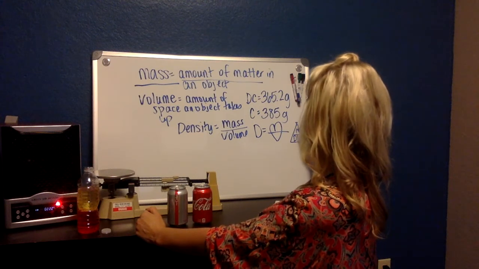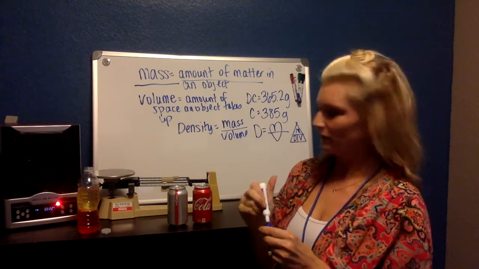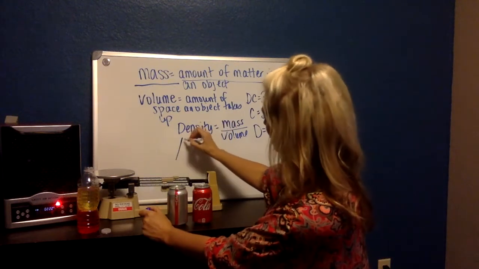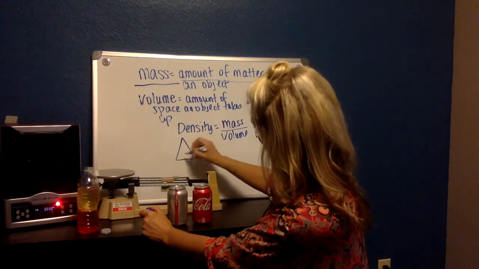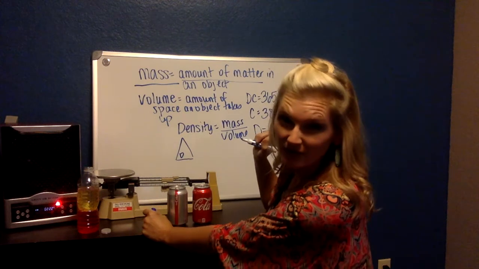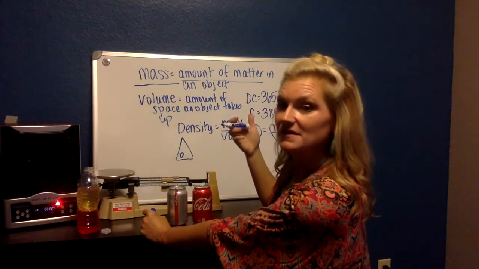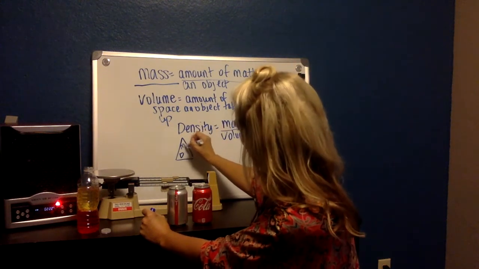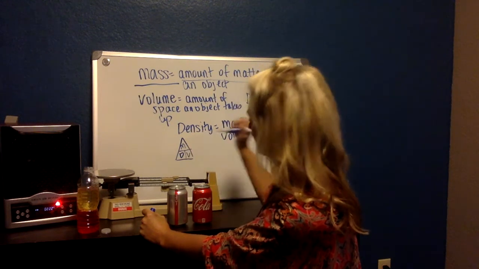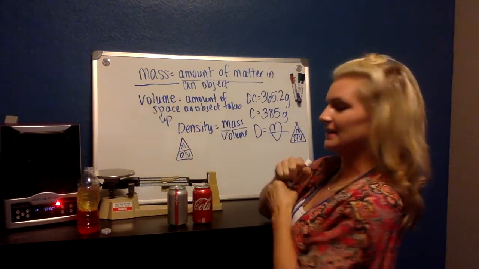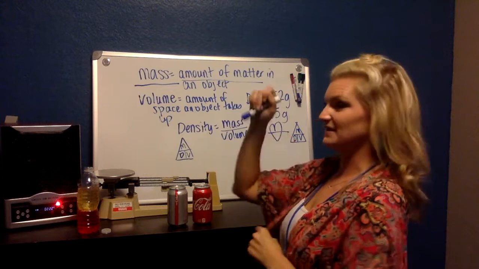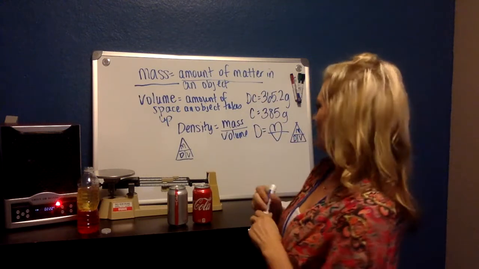And the point of this little pyramid, really great, I'm going to draw it again over here so you can see it a little bit better, is because we're not always going to be looking for density. Sometimes we are given the density and the problem is going to want you to calculate the mass, and I'll show you how to do that in just a second. But that's why that pyramid is so awesome. I still use it. I still write it on my papers when I'm doing that.